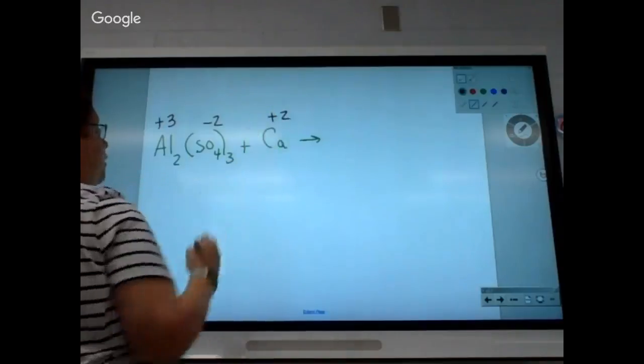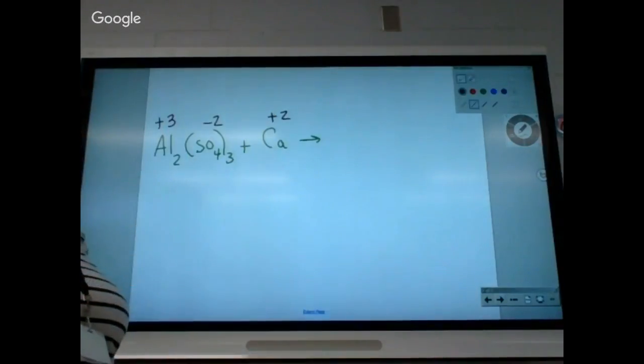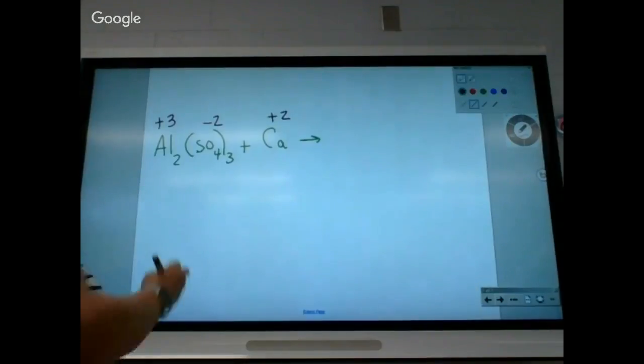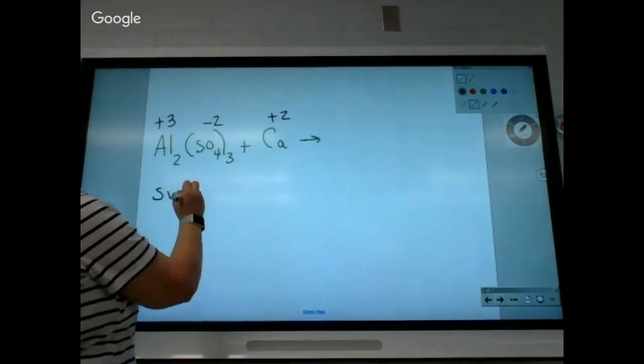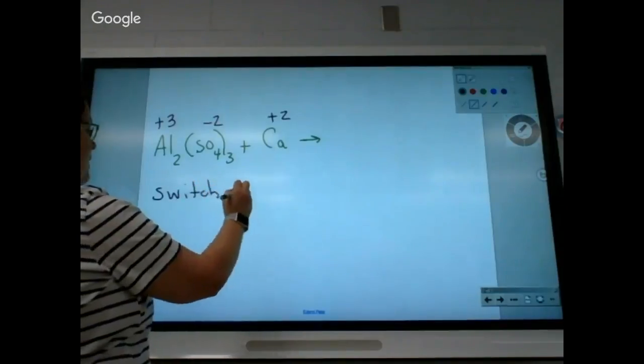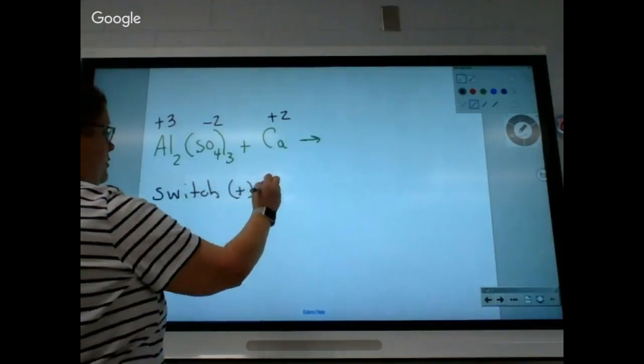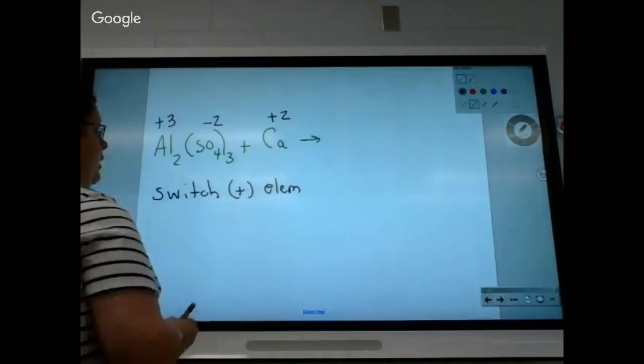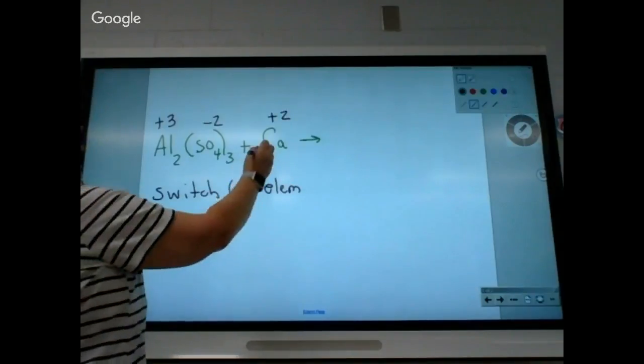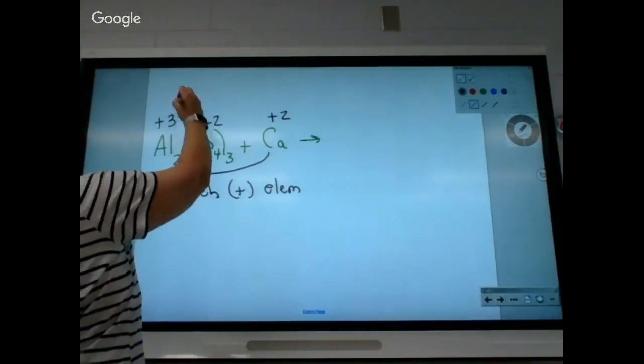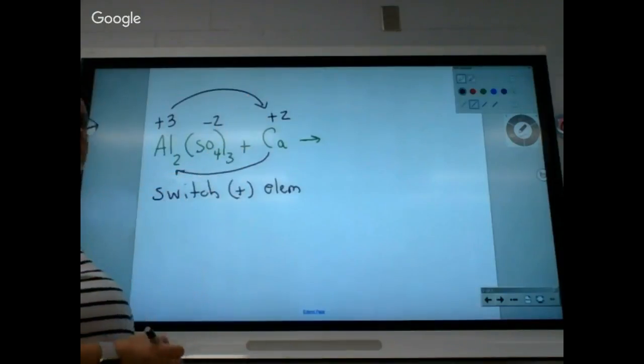Okay. Now, who's switching then? The Al and the Ca because they're what? Okay, so we're going to switch the positive elements. Okay, so Ca is coming over here. Al's going over there.